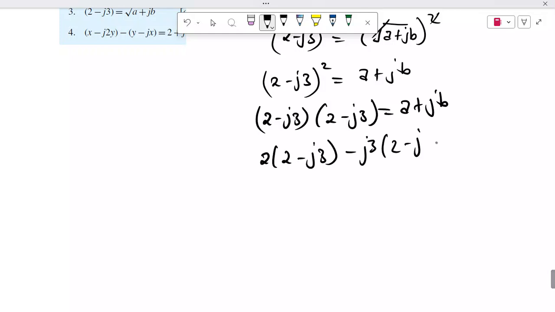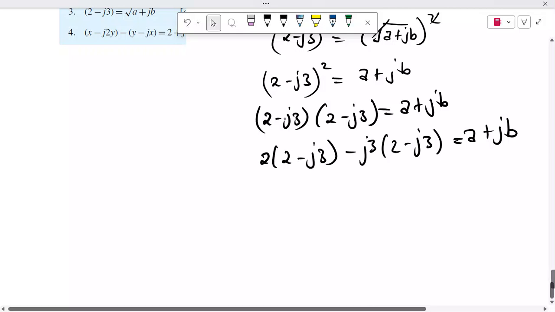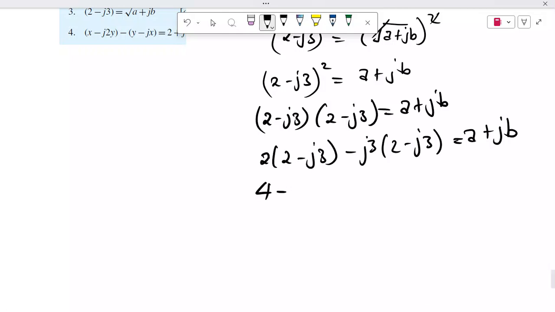So 2 by 2 you have 4, minus 2 by 3 is 6. Then negative 3j multiplied by 2 gives negative 6j. Then negative by negative you have a positive, and j by j you have j squared, 3 by 3 you have 9.